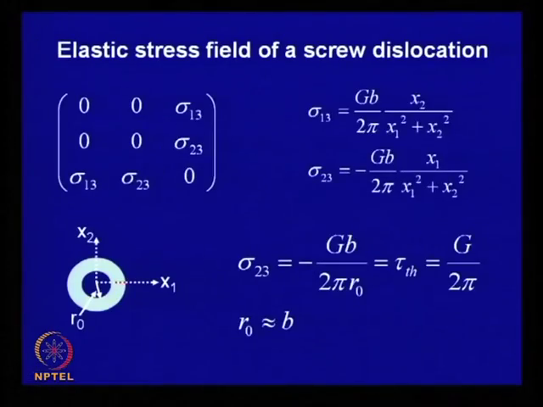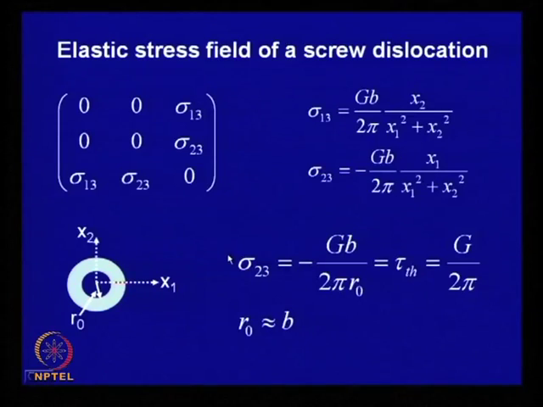So, this gives you the state of stress around a screw dislocation. All these components are 0, and if you add these, 1/3 of this is called the hydrostatic stress field. Which means that here the hydrostatic stress field is 0.